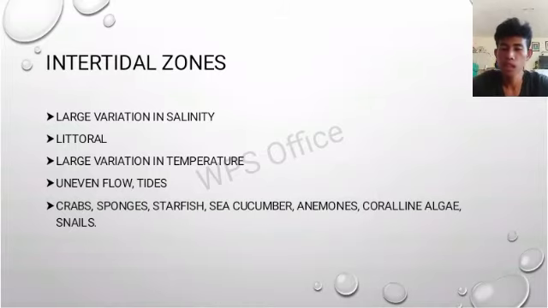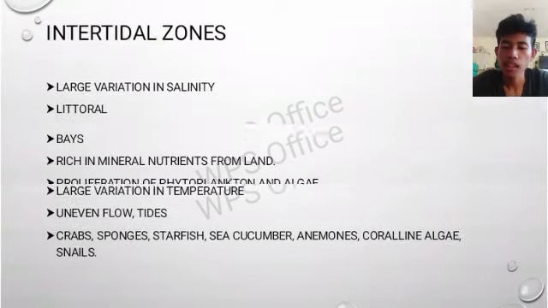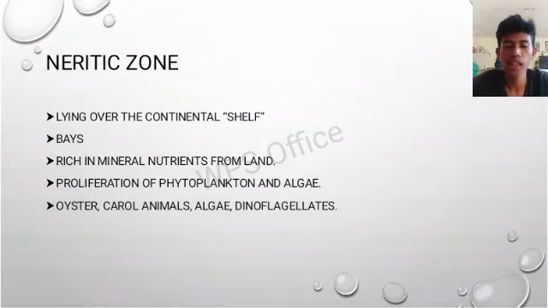So, malapit pa to sa dagat, kaya pang abutin. Then, next is the Neritic. Neritic is the region of shallow water 200 meter depth above the continental shelf with light that penetrates the seafloor.